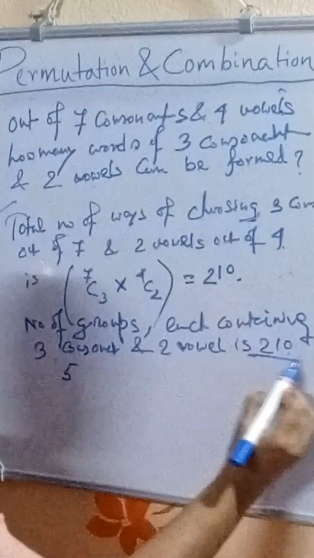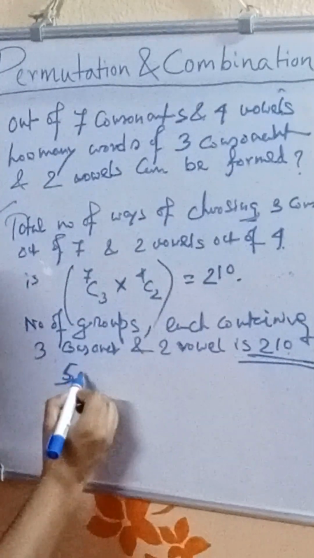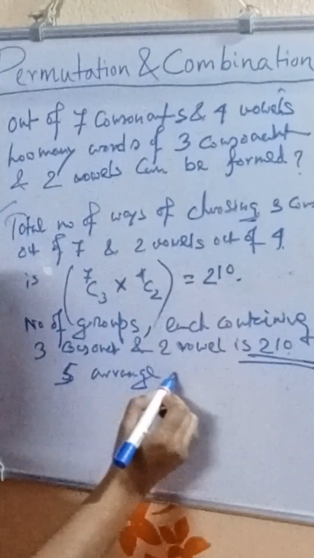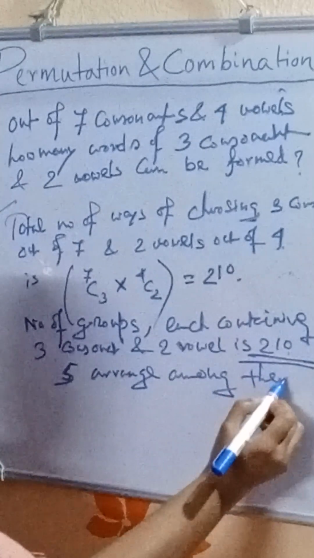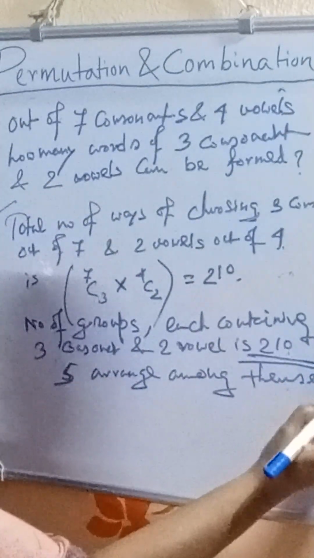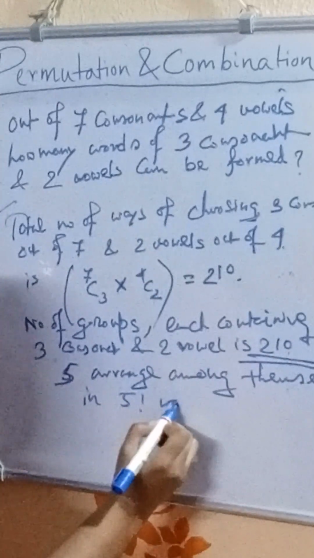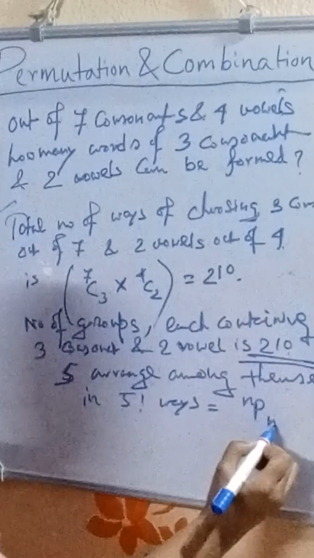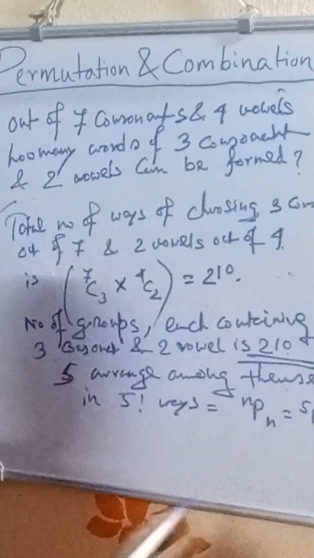In each of these 210 groups, 5 letters can be arranged among themselves in factorial 5 ways, meaning nPn equals 5P5 equals 5 factorial.